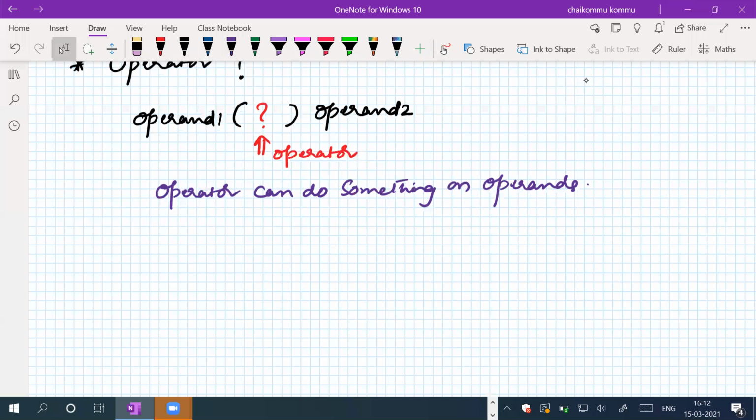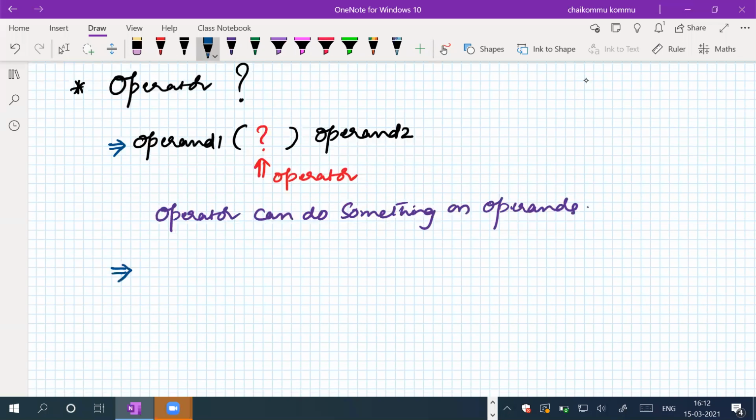The operation can be performed on a single operand. The operation can be performed on two operands. As I mentioned, an operand is nothing but a variable. A variable represents the data. That's all. So it can be a single data, two data, three data, whatever.